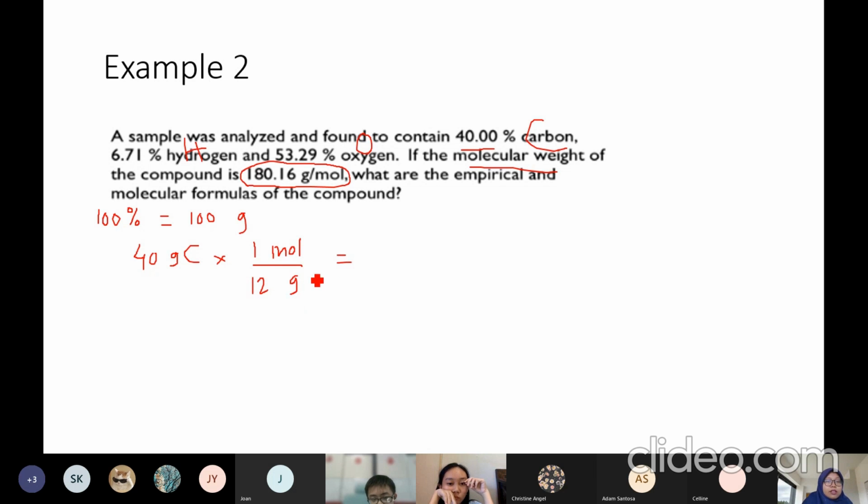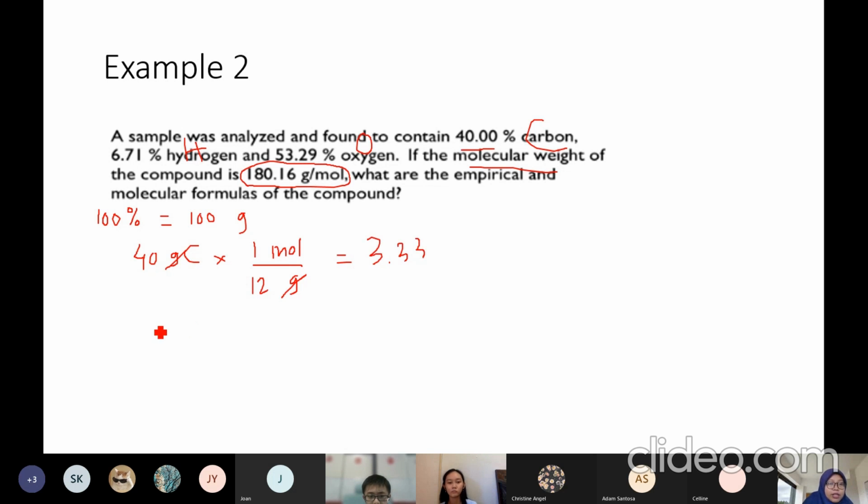So we can divide it, cancel gram: 40 over 12. Please calculate it. 3.33.